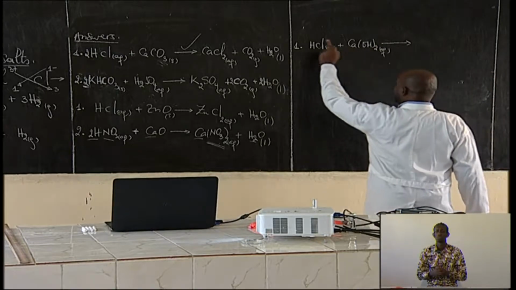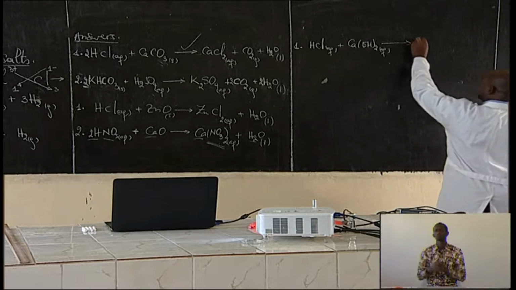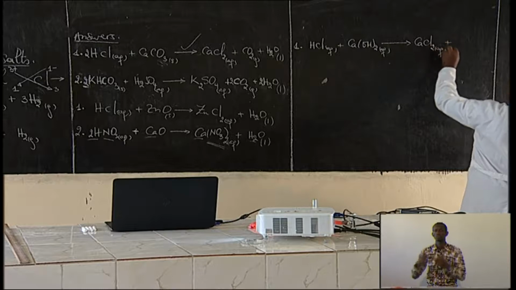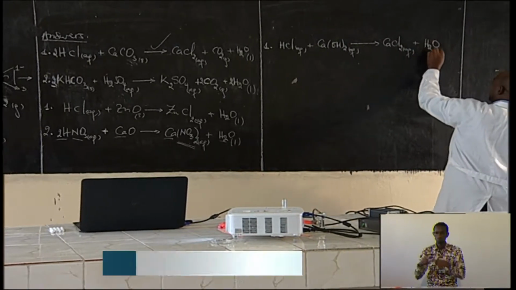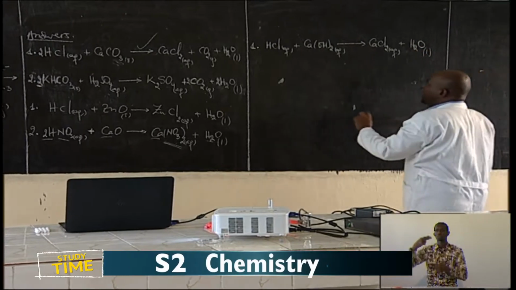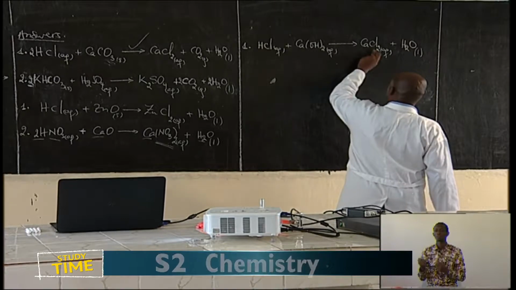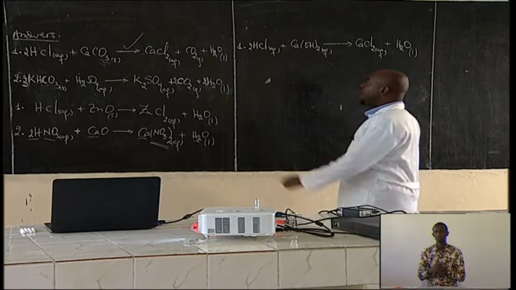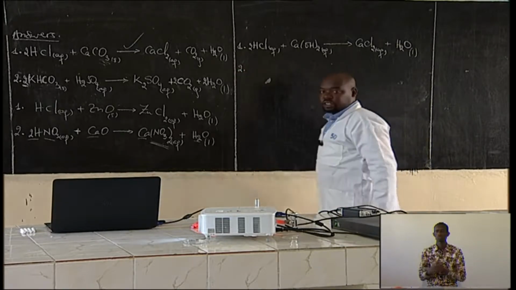The metal combines with the anion from the acid, and we produce calcium chloride. And the other product, as we said, is always water if the reaction is neutralization. And then you balance. We have one chlorine here, but here we have two, so we balance like this. The equation is balanced.